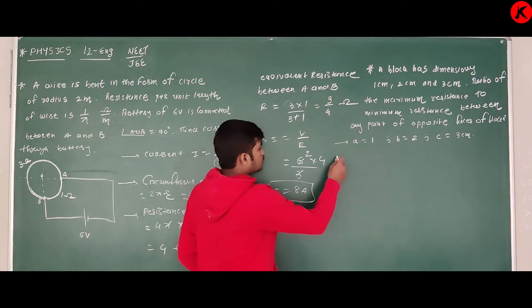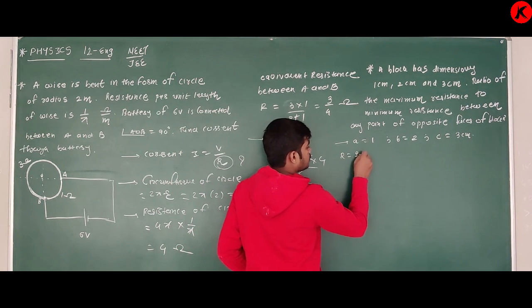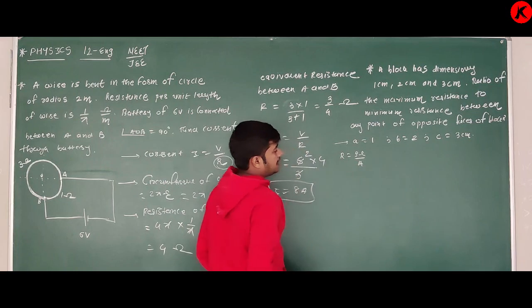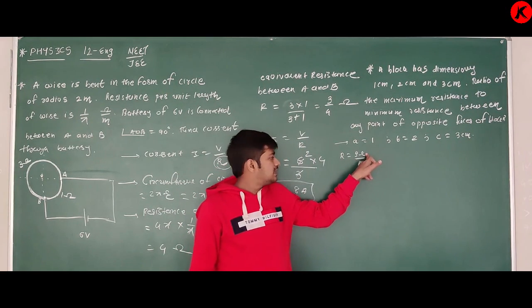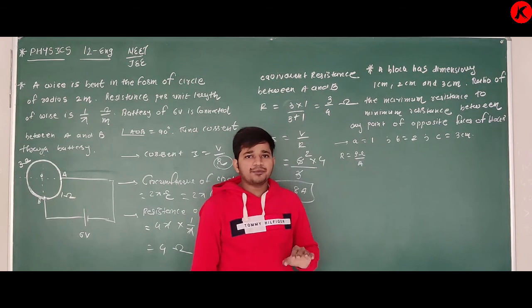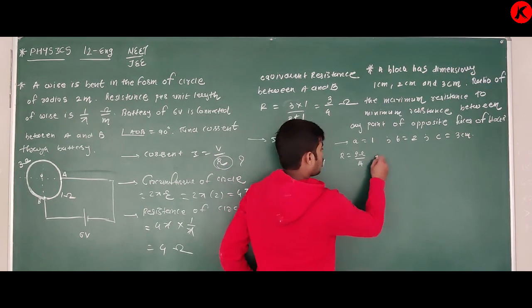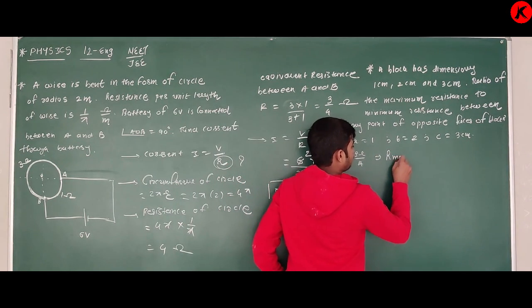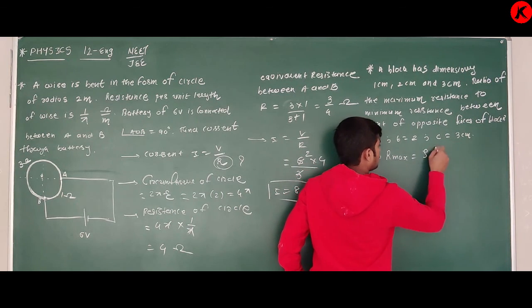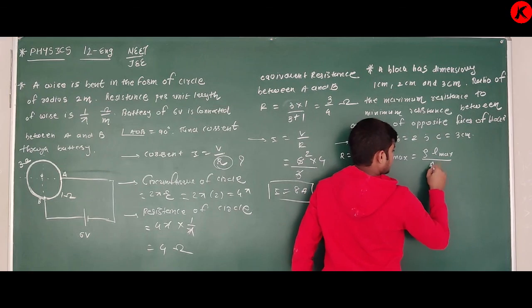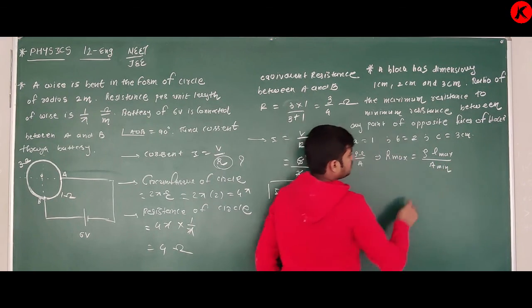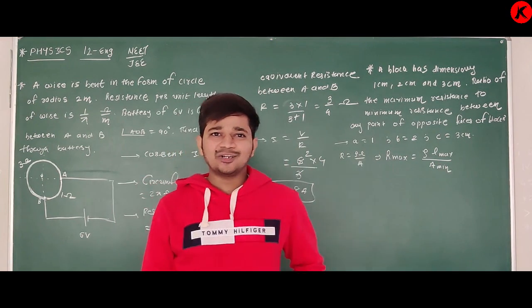Now what is the equation of R? We know that R is equal to rho L upon A. So R is directly proportional to L and inversely proportional to A. So for R maximum, L must be maximum and A should be minimum. Yes or no?